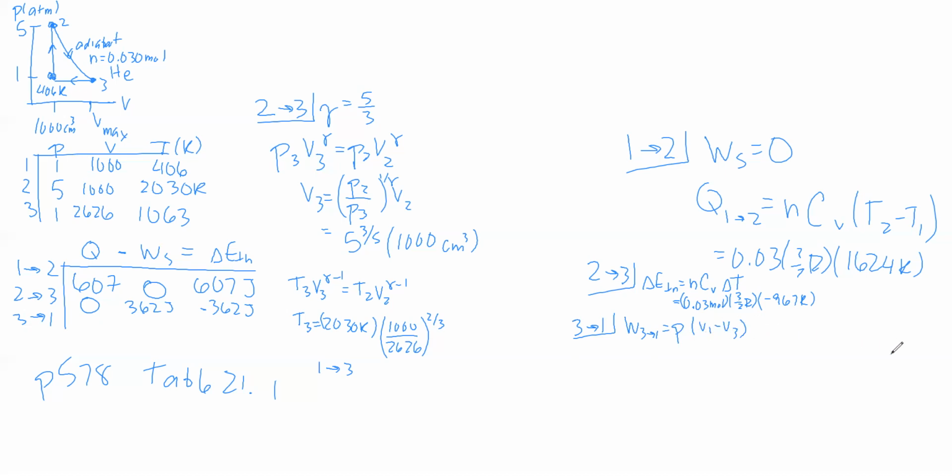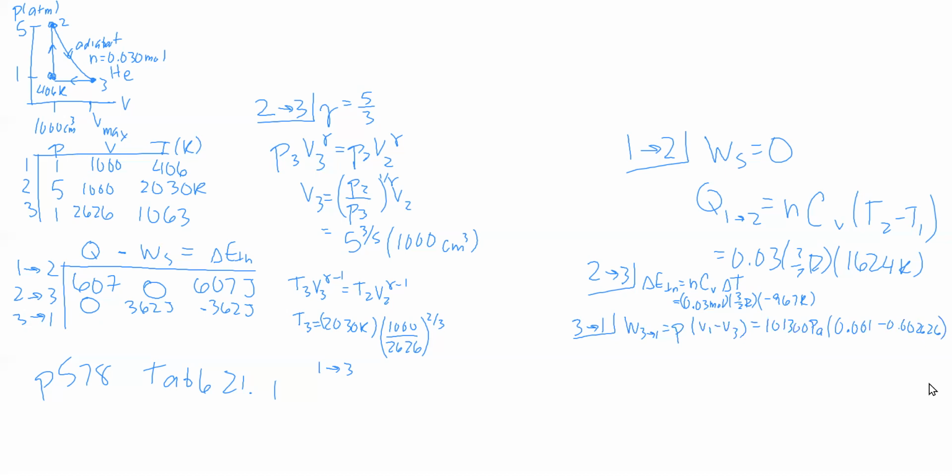So this is 101,300 pascals times the change in volume, which is 1,000 minus 2626, which is whatever that is. But in SI units, it's 0.01 minus 0.002626. It's not 1626, I checked.